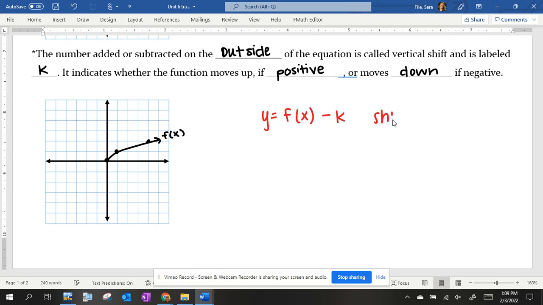That is going to shift my function down. So all the points on the function get moved down. I move down 2, so this would be f of x minus 2. And then if I had my function plus k, that would be a shift up.